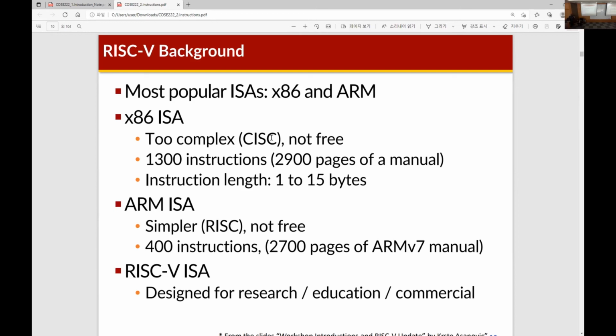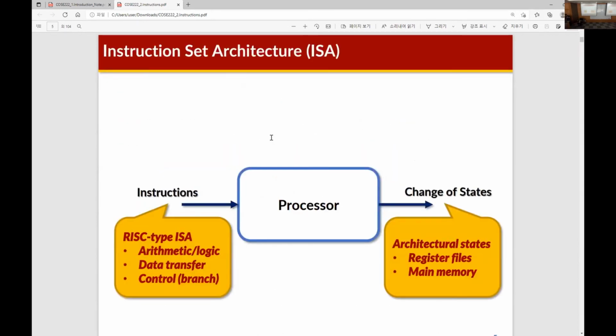Also, as I mentioned in this slide, the RISC type ISA supports data transfer instructions. The data transfer instructions support the transfer of data between the register file and main memory.